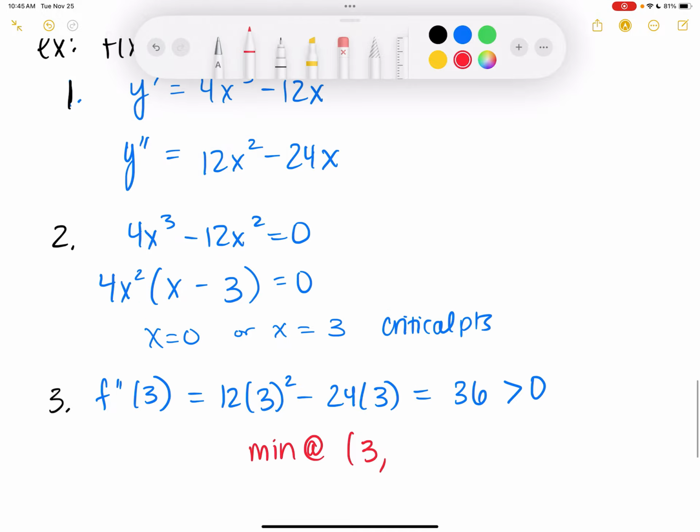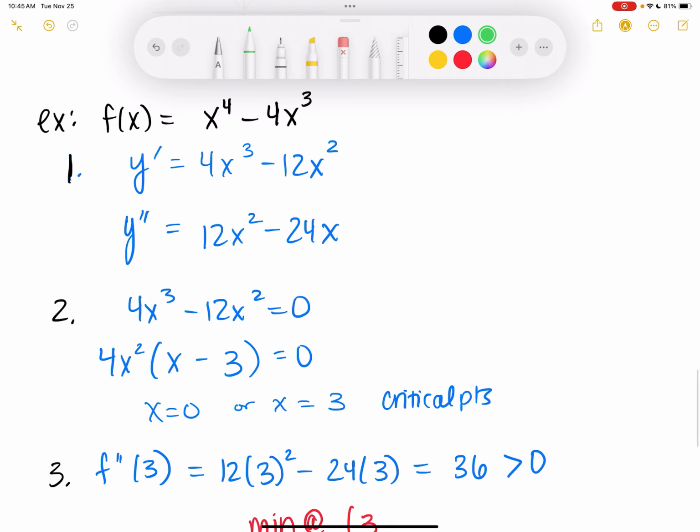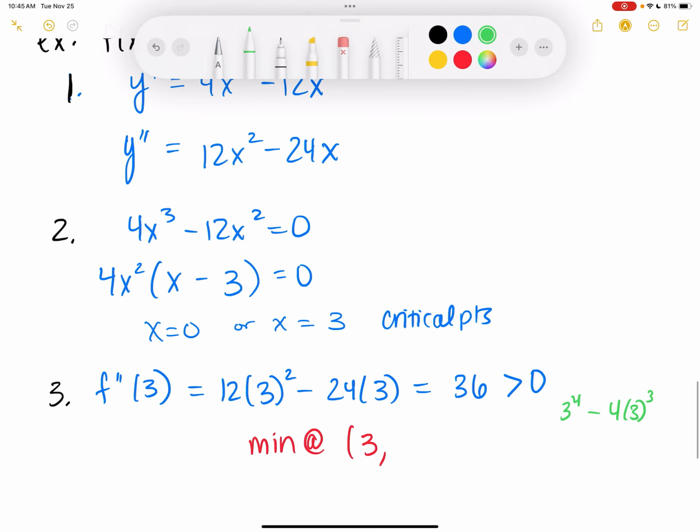So that would be 3 to the 4th minus 4 times 3 cubed, 81 minus 108.